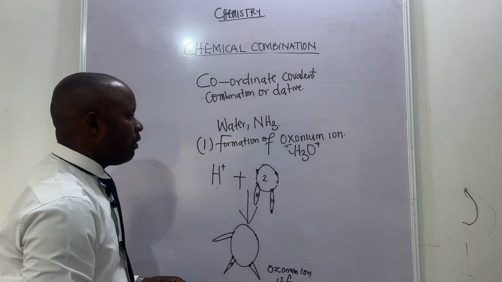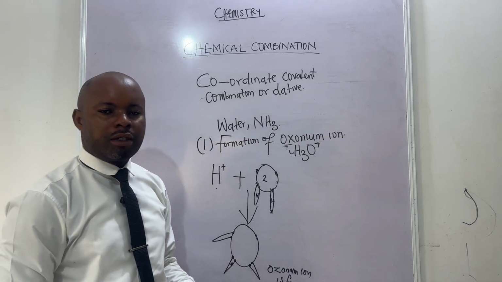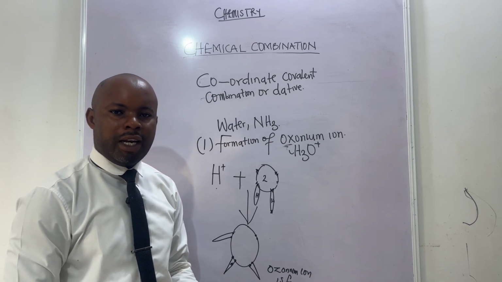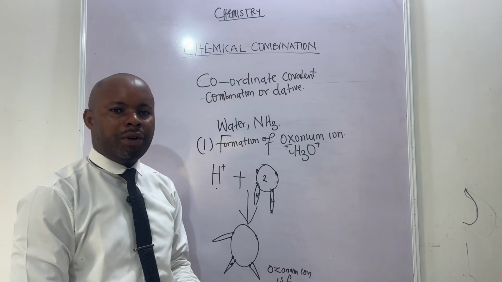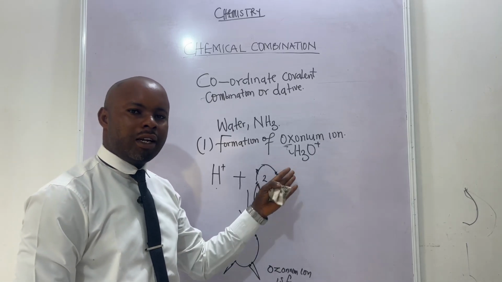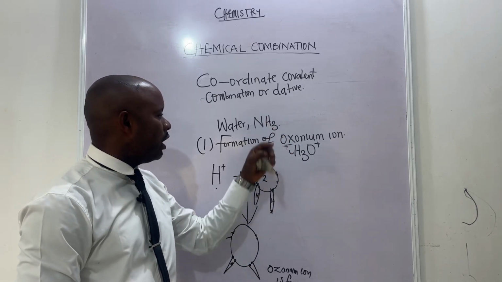That is to say, for any chemical element to undergo coordinate covalent bonding, the participating species must have a lone pair. A very good example of compounds that have a lone pair are the water molecule and the ammonia molecule.